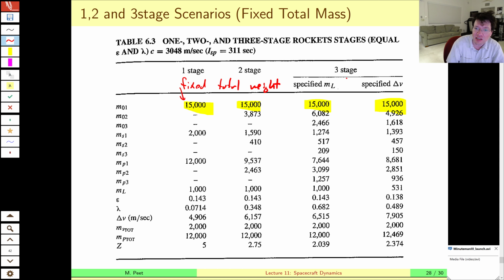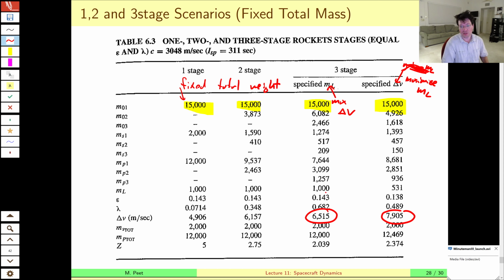In the 3-stage case, for a given total weight, you're maximizing payload lifted for a given delta V, and that given delta V is right there. And for a given payload, you're maximizing delta V, and that given delta V is right there. So here your payload is 1,000. That's your specified payload.